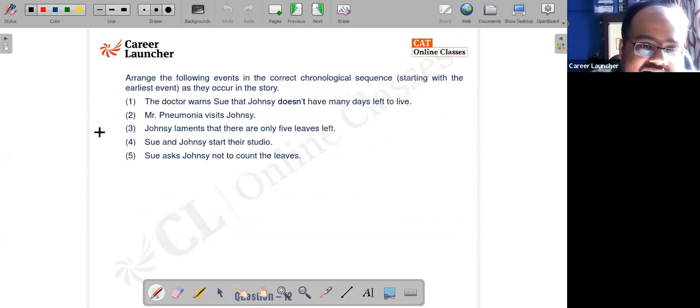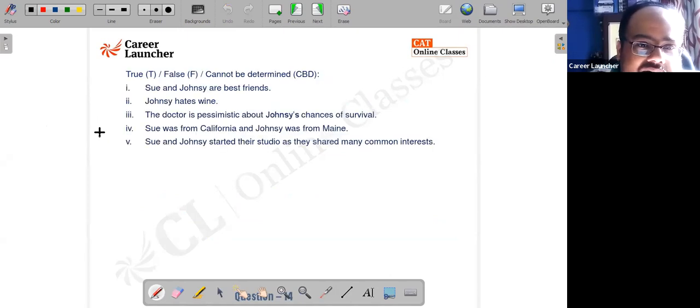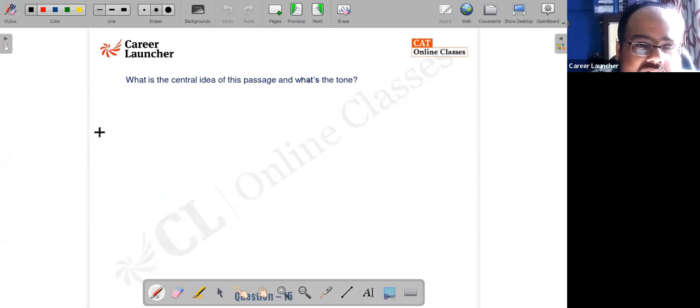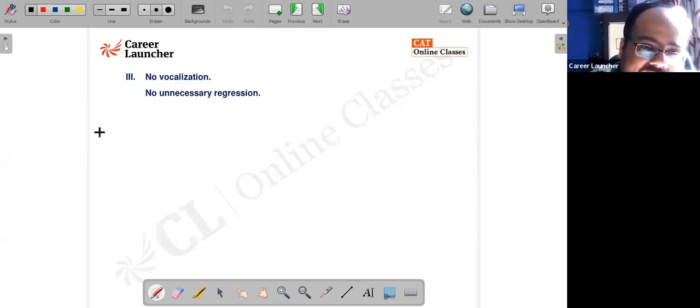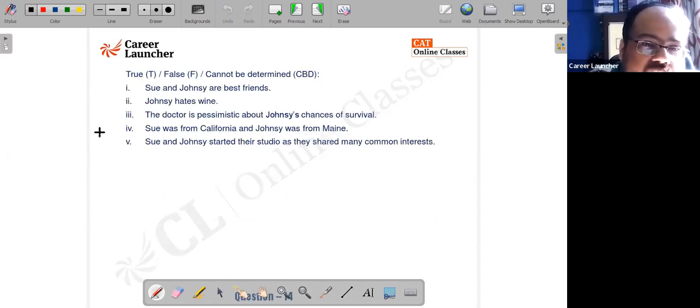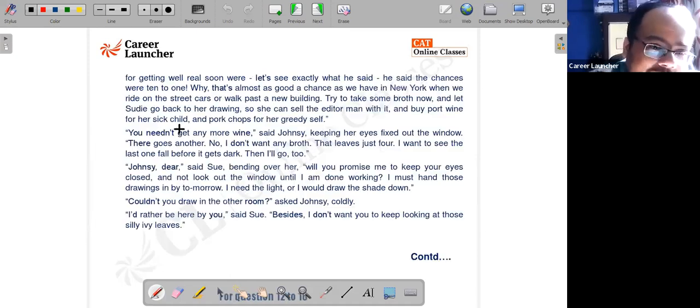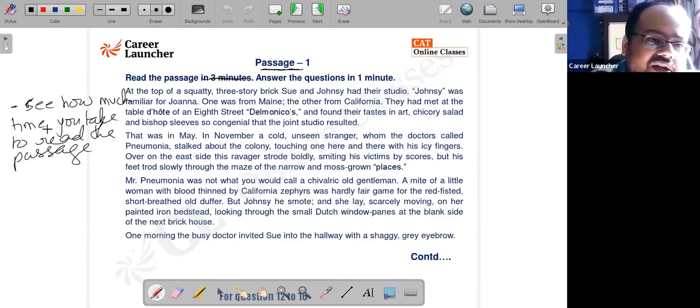These are the questions. This is question 12, question 13, question 14, question 15, question 16. So there are 5 questions here, questions 12 to 16. So read the passage, attempt the 5 questions. But I repeat, this time that you are noticing is only to see how much time you take to read the passage.